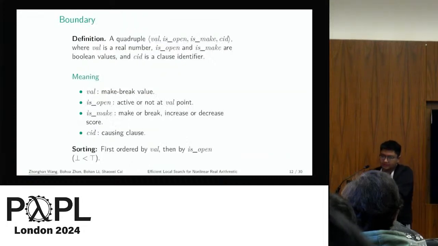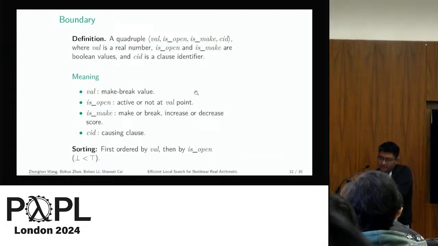We give the definition of a boundary. A boundary is a tuple where the value is a real number. The real number defines the value that the arithmetic variable moves to, and is-open indicates whether the value is active or not. At that point, it also means make or break.